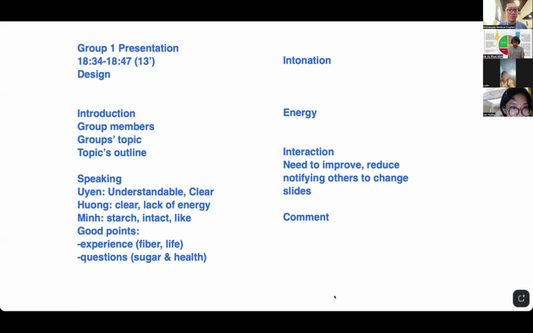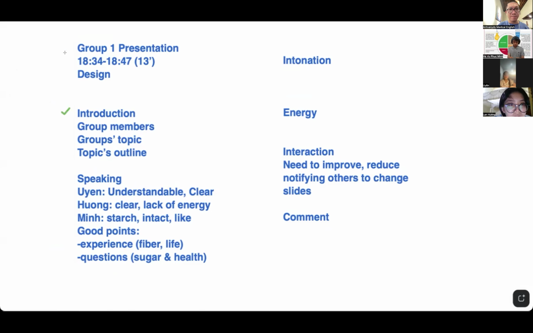In general, what I need you to finish for today's lesson is how to introduce the topic. So today you just need to focus on how to introduce the topic. Now let's talk about what you have done so far.